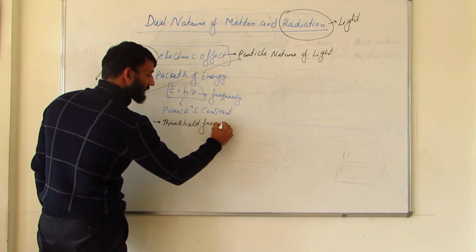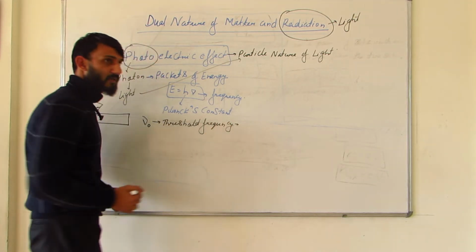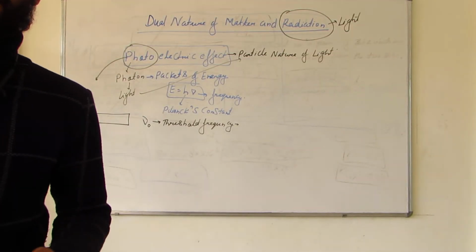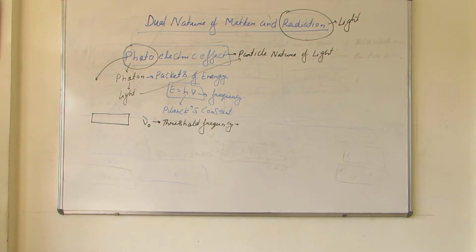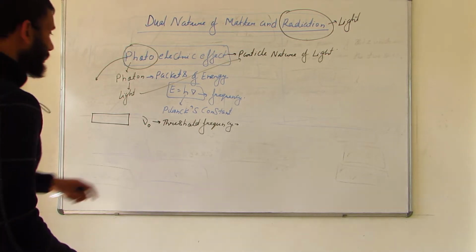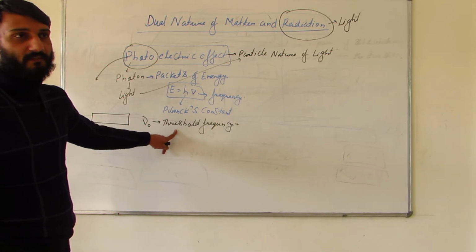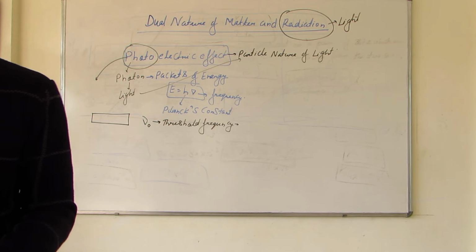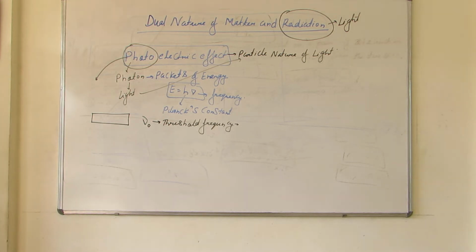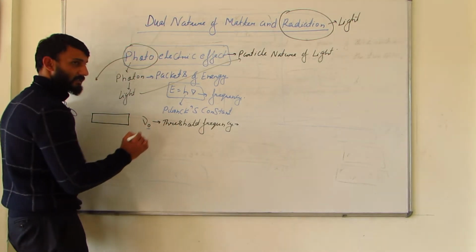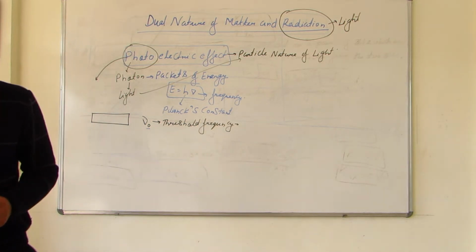Now what is threshold frequency? It is the minimum amount of frequency which the photon should have in order to eject or emit the electrons from the surface, right? So that is nu naught.